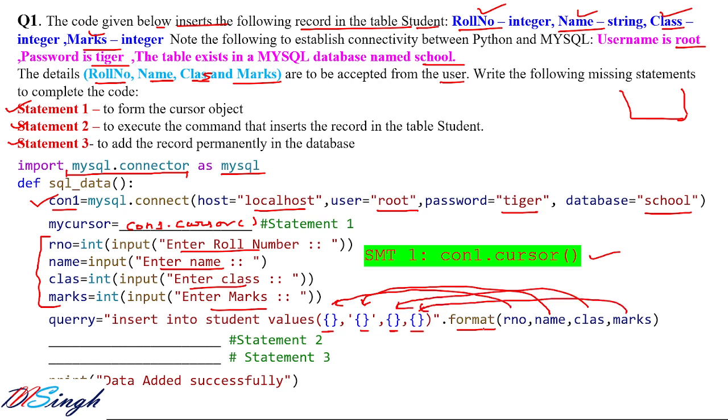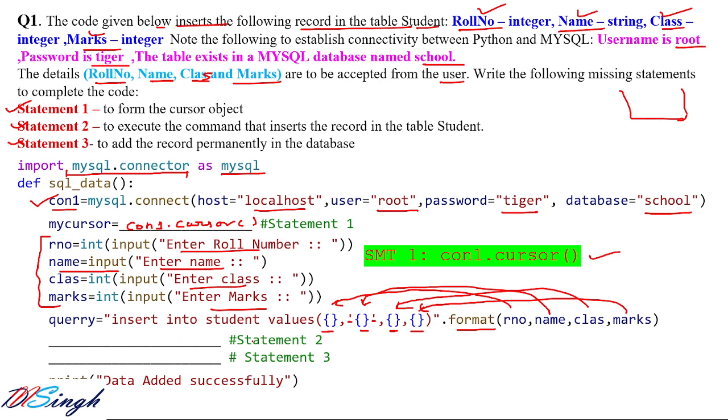This is done by the format function. What is important to remember is that wherever you are supplying a string, you must give single quotes. See here, name is of type string, so I am giving single quotes. The others are converted into integers and they are numbers, so we are not providing single quotes to them.